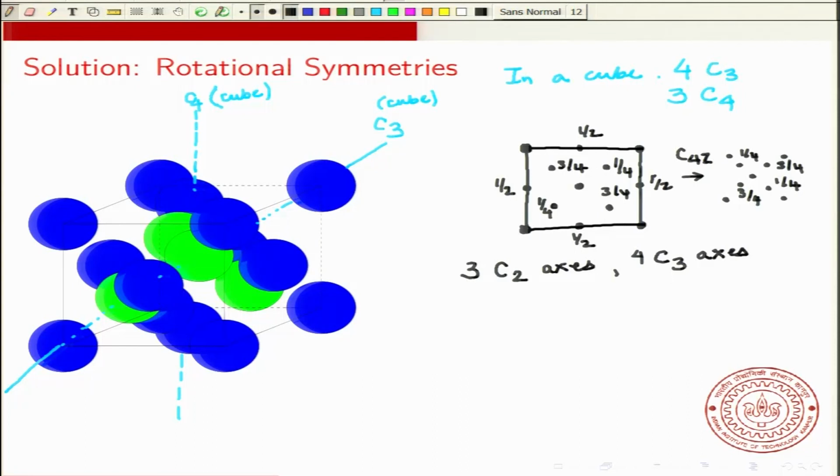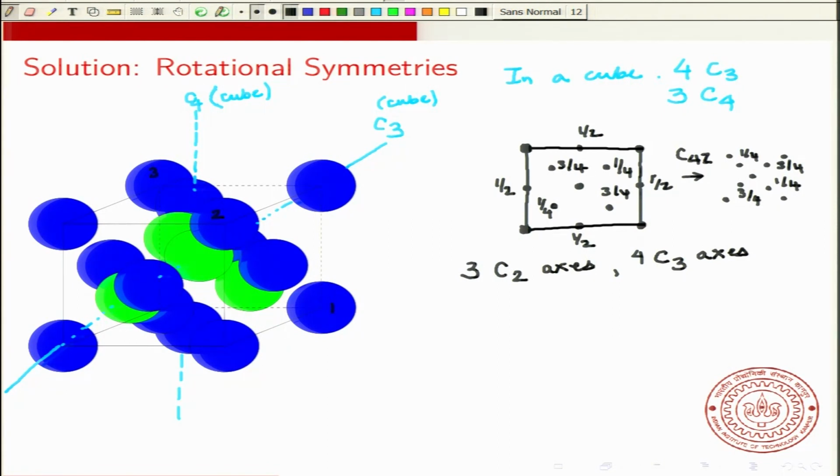Now if you do a C3 operation about the body diagonal, what we said is that if you consider this C3 axis, then the corner atoms, which are represented by 1, 2 and 3, will get exchanged with each other.